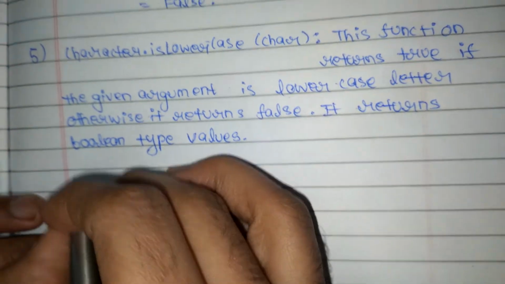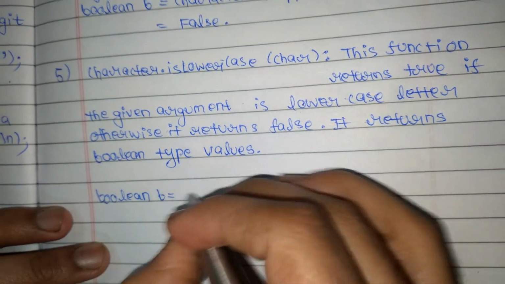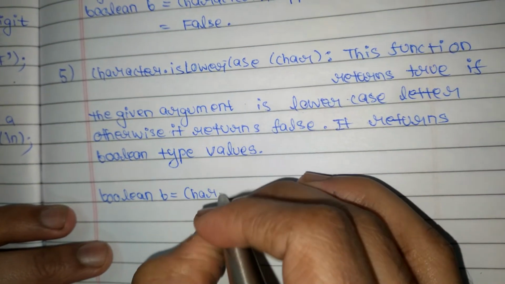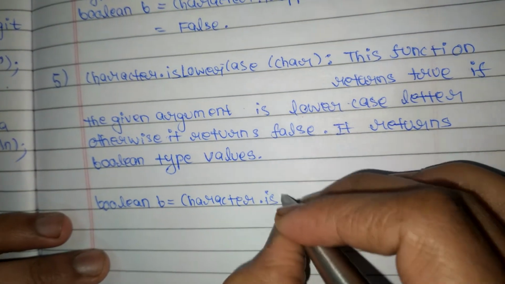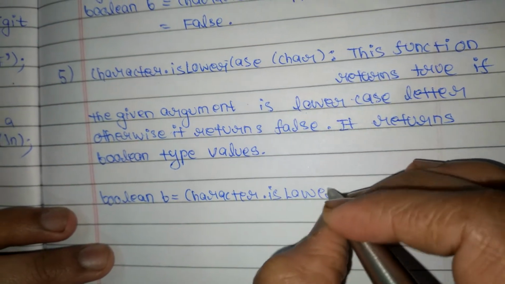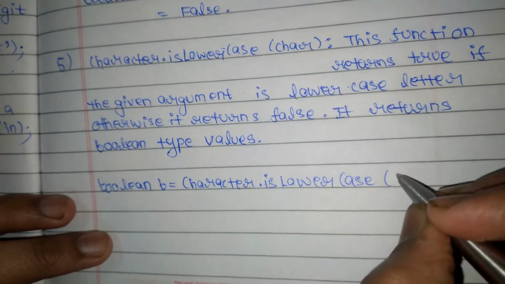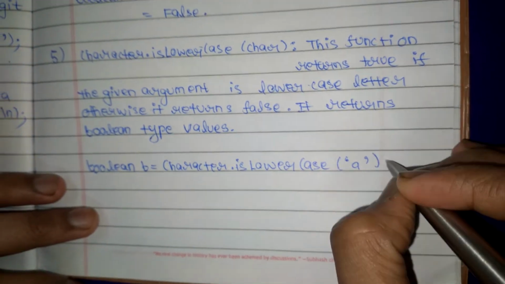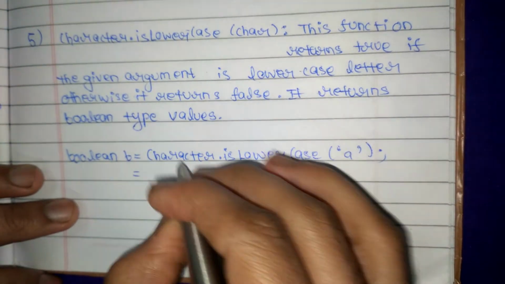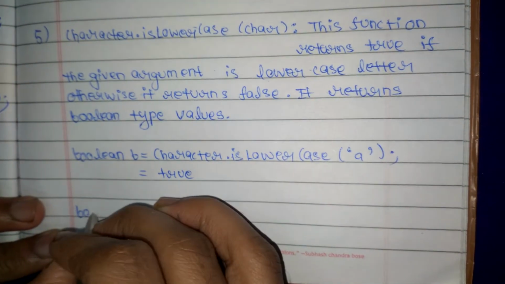Now I am taking an example. Boolean b is equal to Character.isLowerCase. Here the L and C both will be capital, and in the bracket I will give small a. Now it would return true. But suppose I am taking another example.